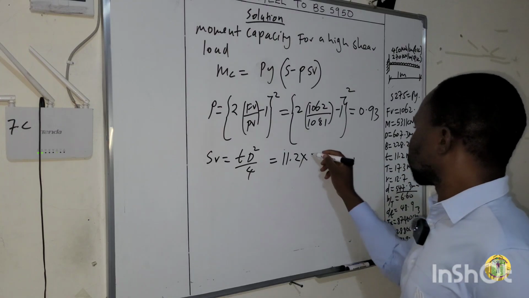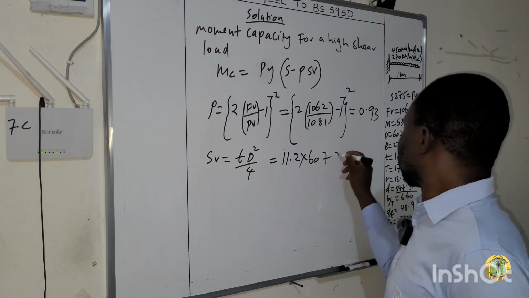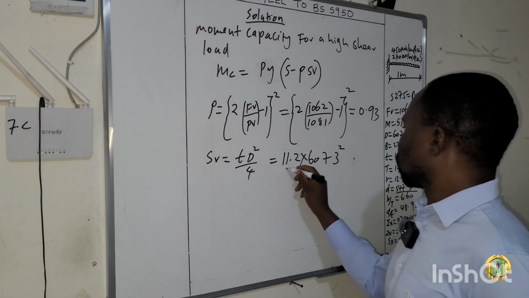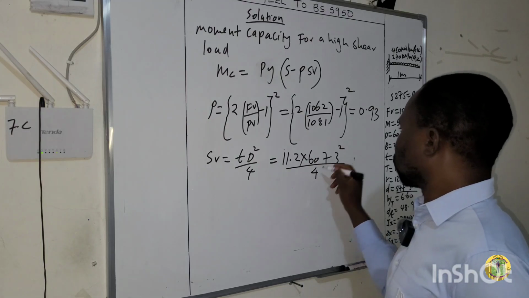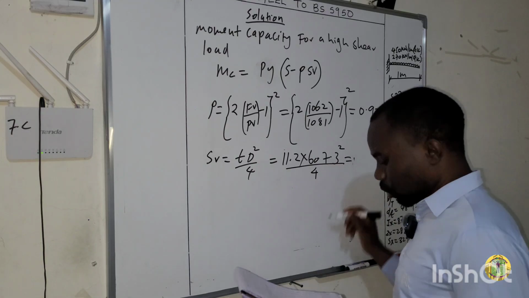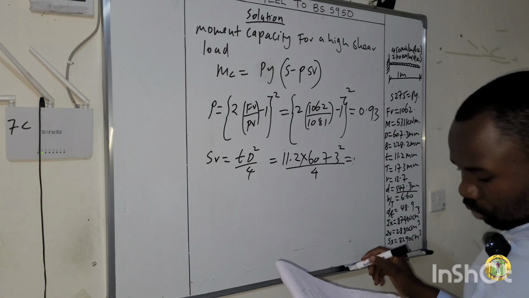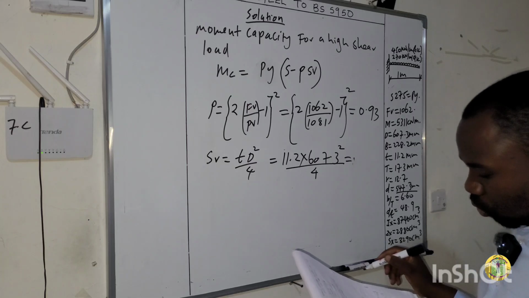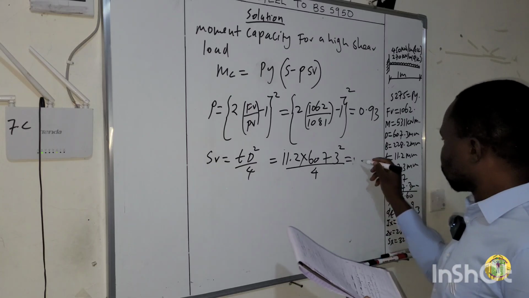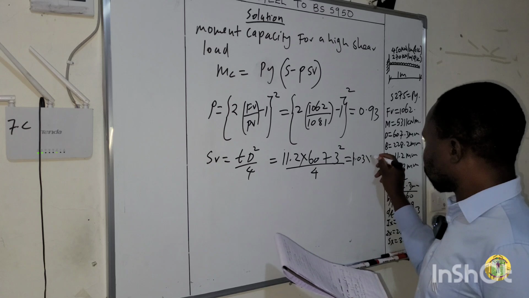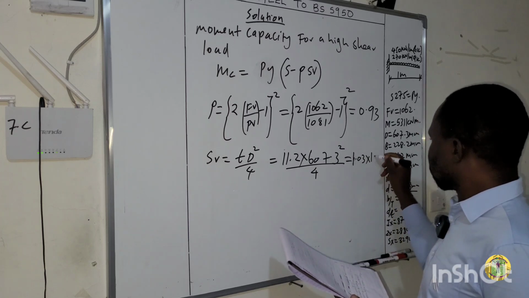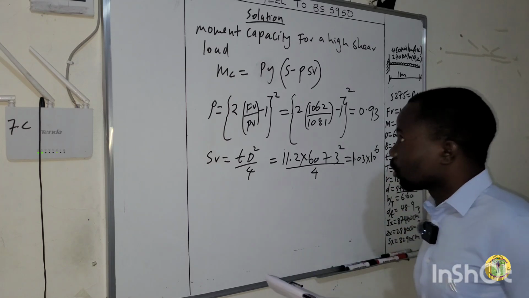Then capital D is 607.3 square over 4. So this one is equal to 1.03 times 10 to the power of 6.